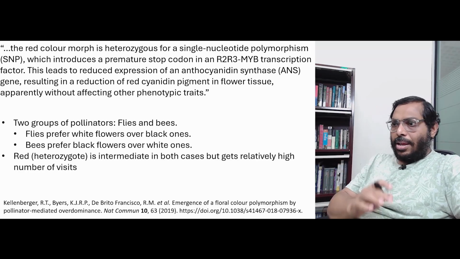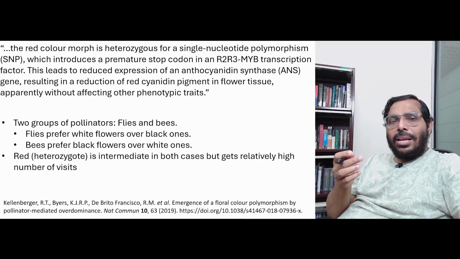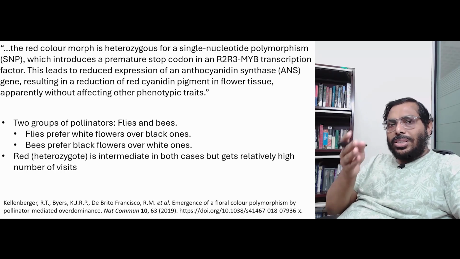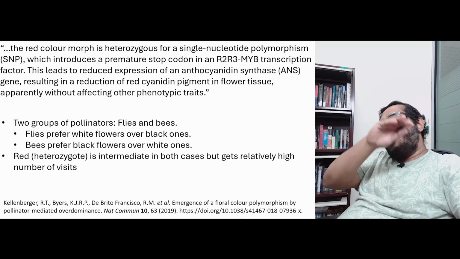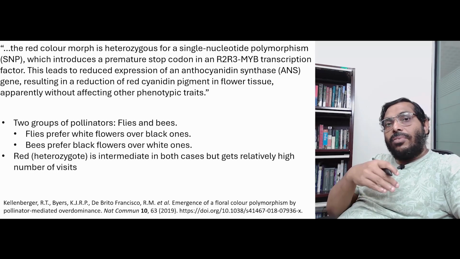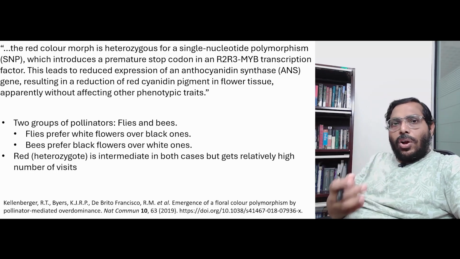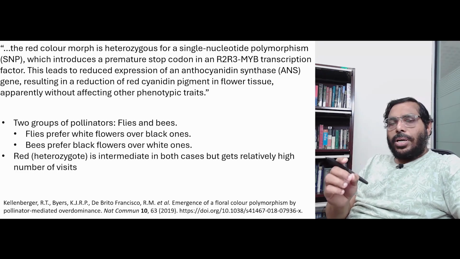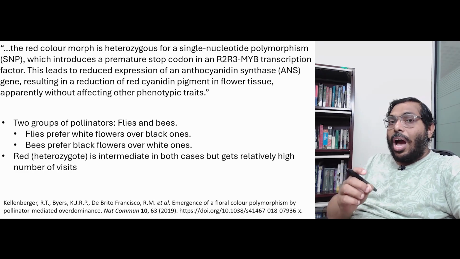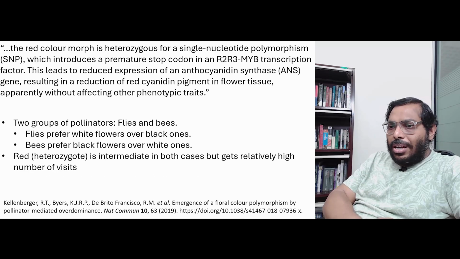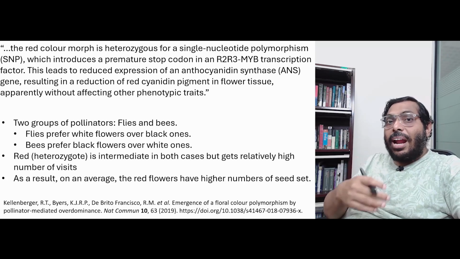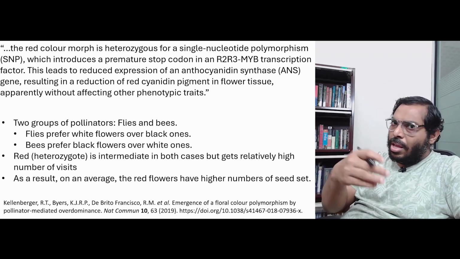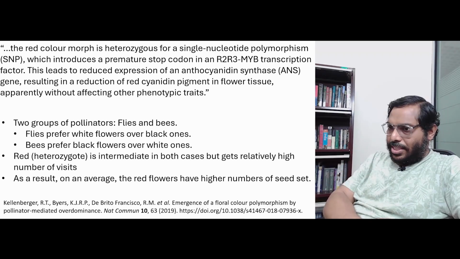But turns out that if you integrate over everything, then the red flowers, because they are intermediate for both of them, overall end up getting a relatively high number of visits. And because of this, if you calculate their fitness, which in this particular case was calculated in terms of how many seeds are being set, turns out that on an average it is the red flowers which have the highest number of seed sets, which is directly correlated with the pollinator visits.